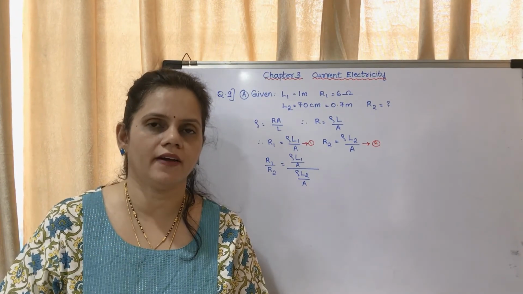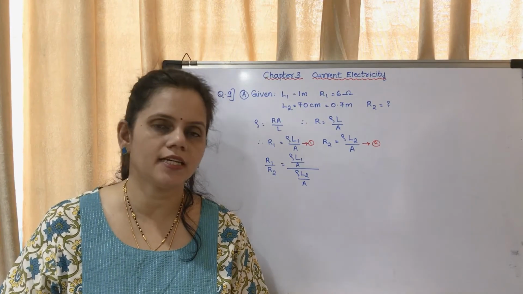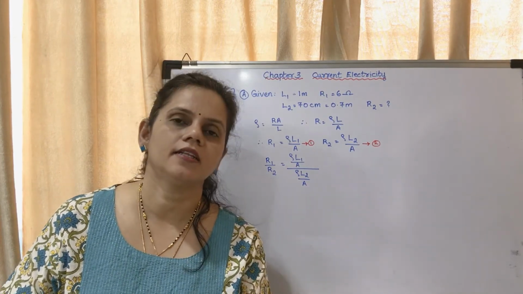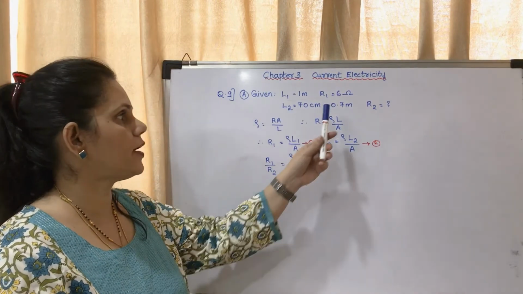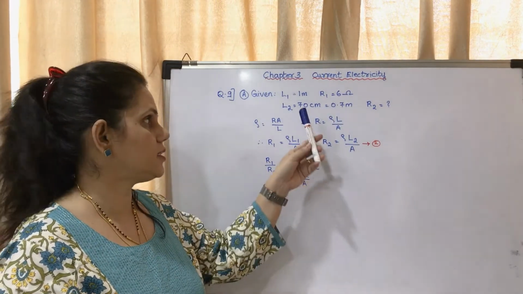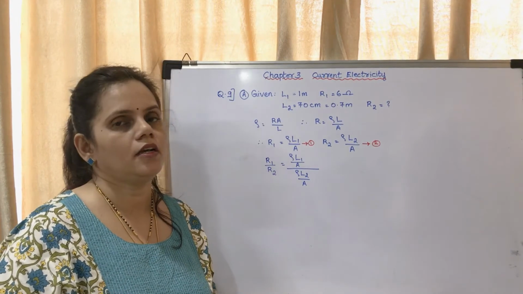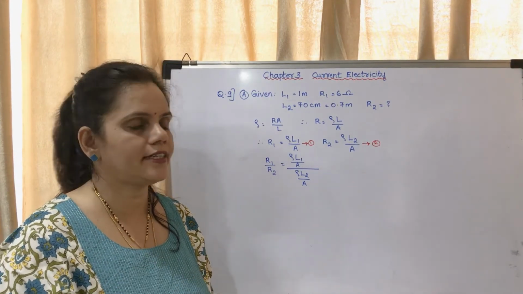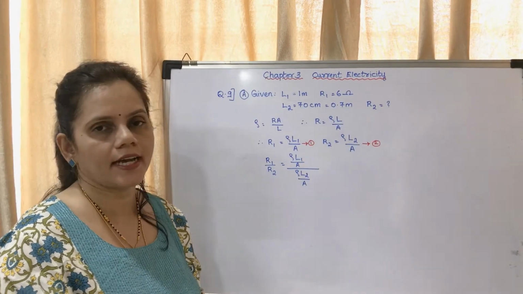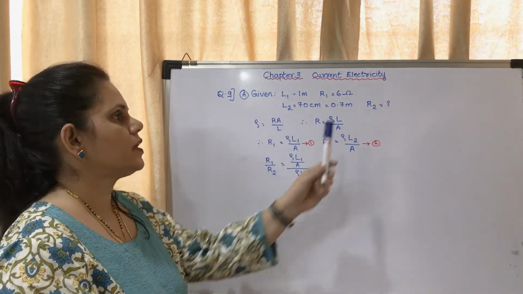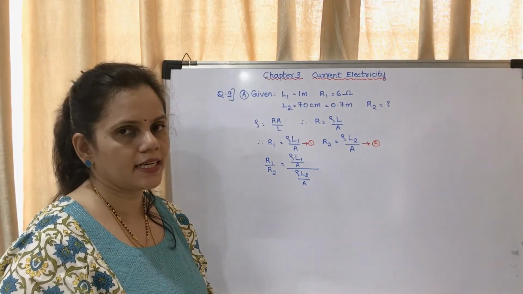Now we are cutting the wire, reducing the length to 70 centimeter. As we have to convert it into meter, we have converted it as 0.7 meter. Now the question is what will be its resistance.